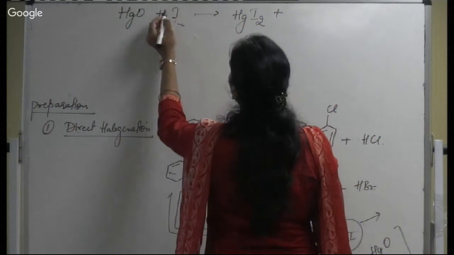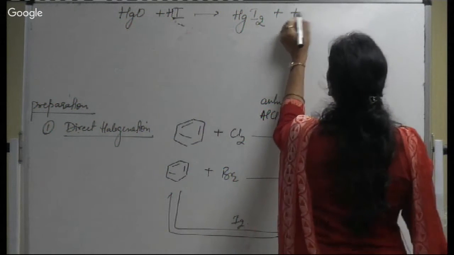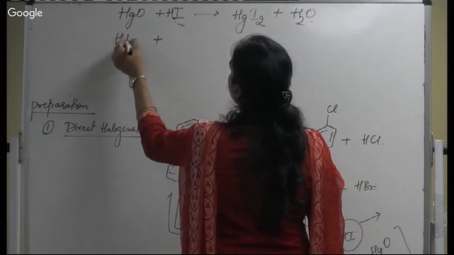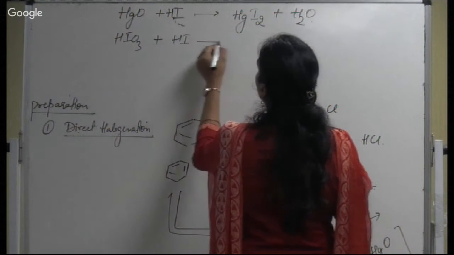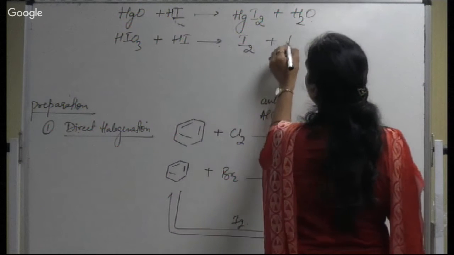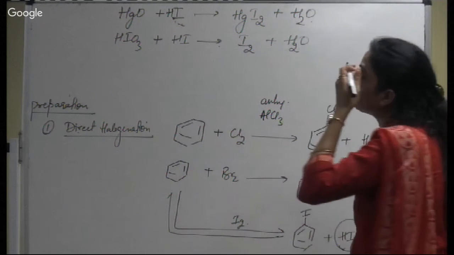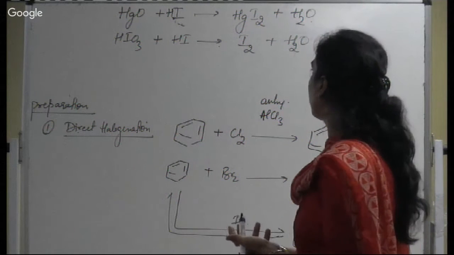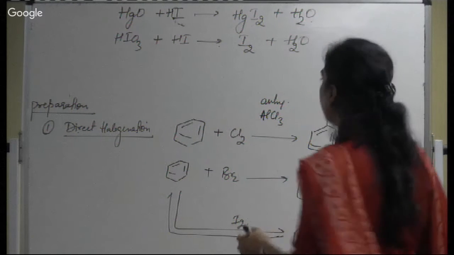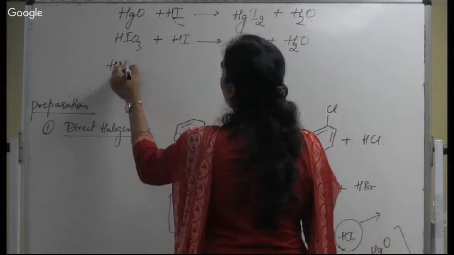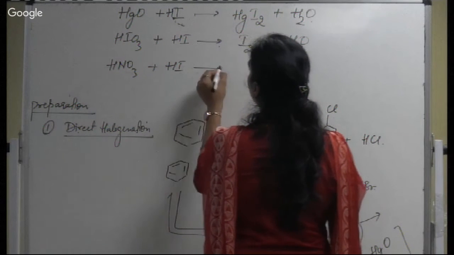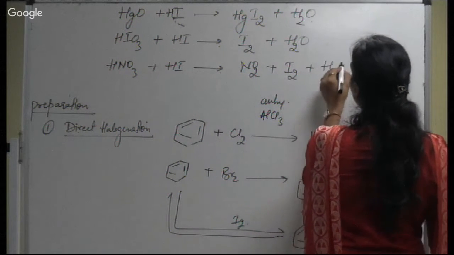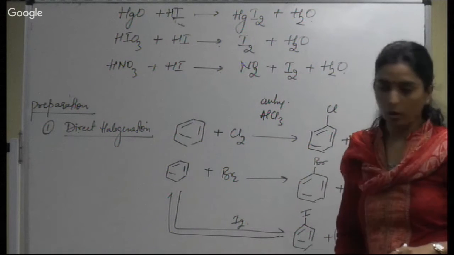And in case of HIO3, it will give you iodine plus water. With nitric acid also you can do the same. Shall I write down the equation for nitric acid? You can balance the equation accordingly.